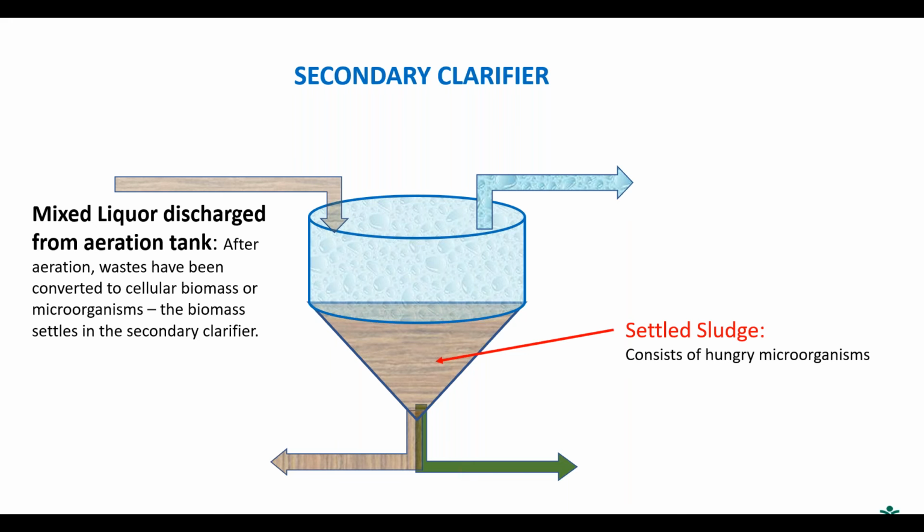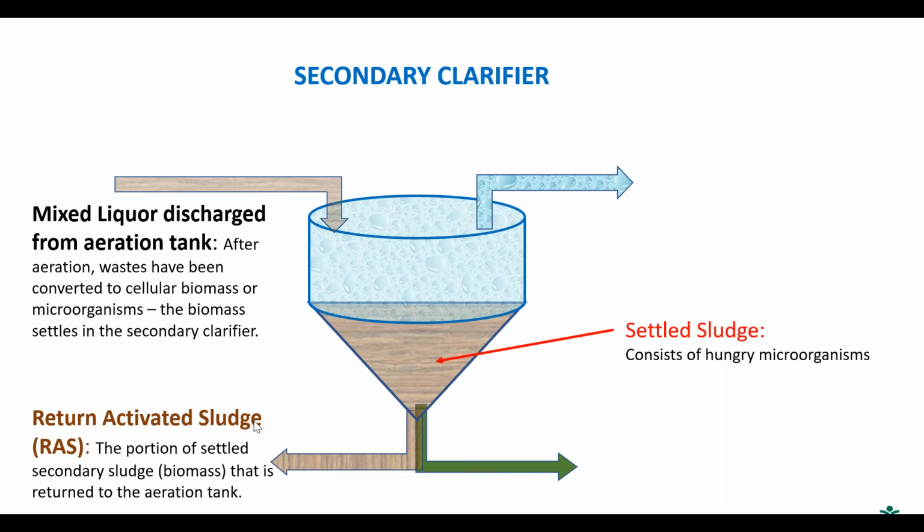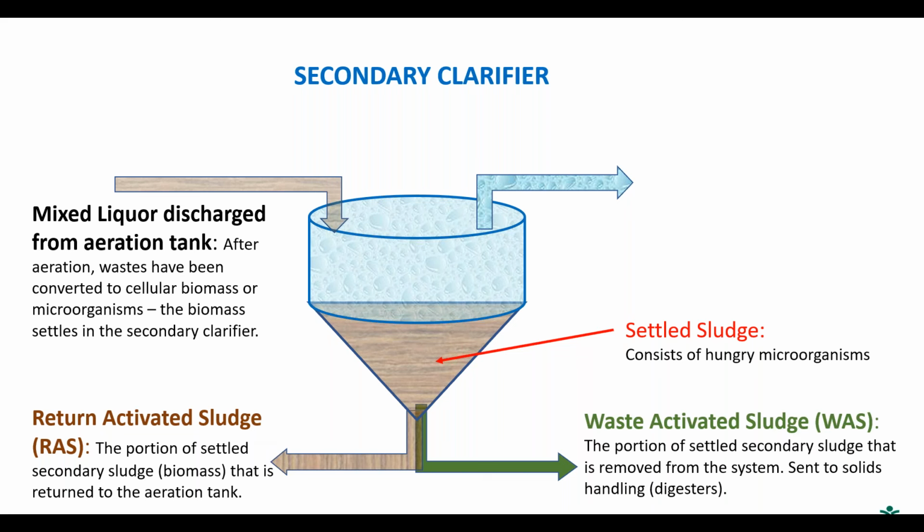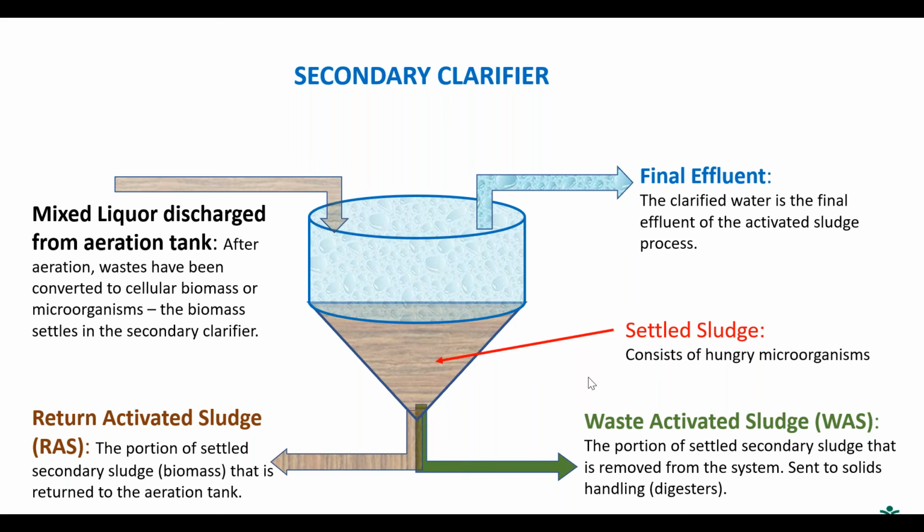And you basically have a sludge that consists mainly of hungry microorganisms. About somewhere between 0.6 and 0.8 of that sludge is microorganisms. You also have the return flow that's going back to the inlet of the aeration tank, and you have the waste activated sludge that's being sent to solids handling. Okay, and finally the effluent.